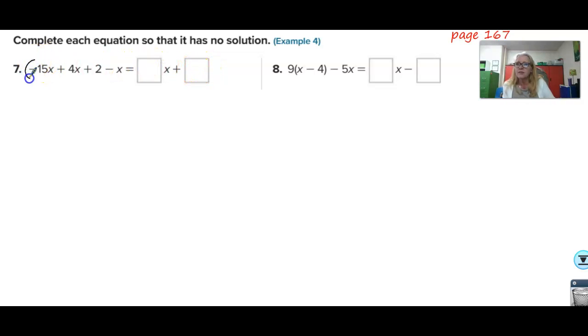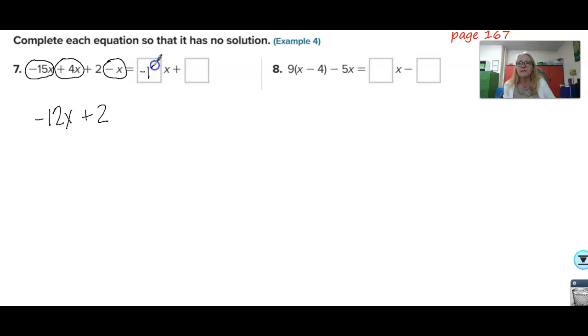So let's combine some like terms here. We have a negative 15x, a positive 4x, and a negative 1x. So negative 15 plus 4 is negative 11, and negative 11 plus a negative 1 is negative 12. So negative 12x, and then we have a plus 2. Now here you have some choice.